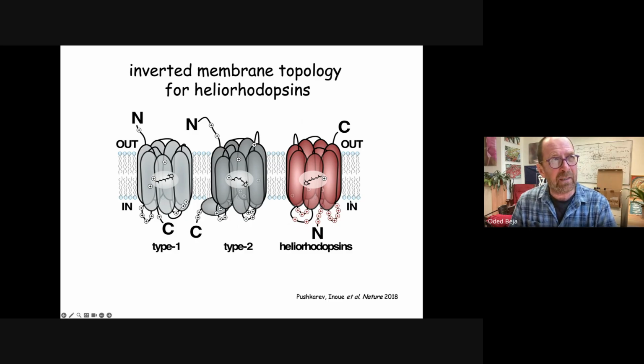If you look at the sequence identity compared to type 1s, this is less than 15% identity on the protein level, really the limit to see anything. And what's interesting is that the orientation in the membrane is completely opposite to type 1s and type 2s, so completely different.